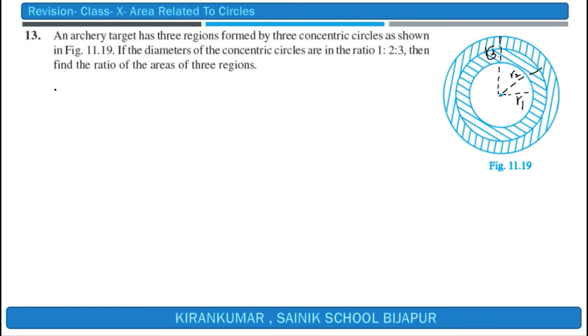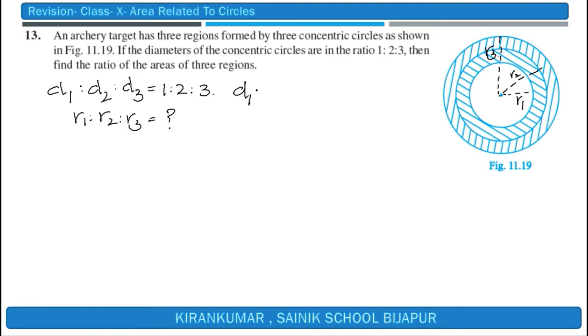Now they have given the information that the diameters ratio d1:d2:d3 is 1:2:3. So r1:r2:r3 we do not know. I'll consider a constant.